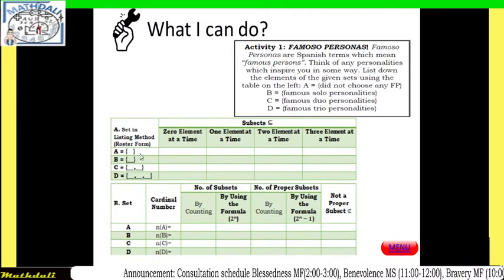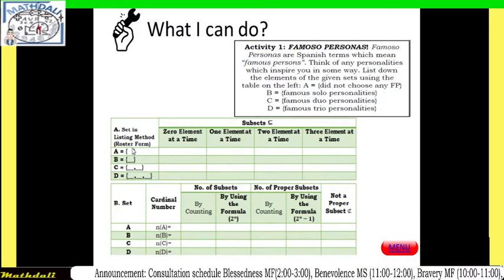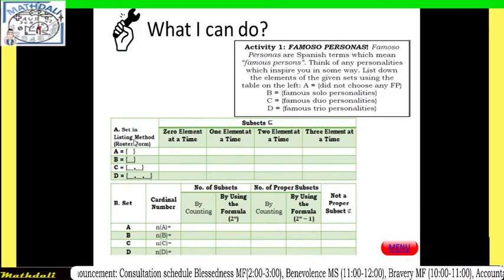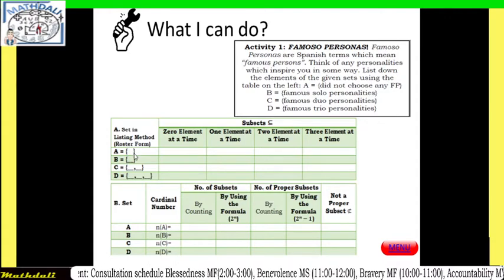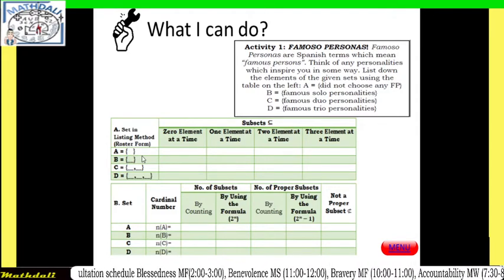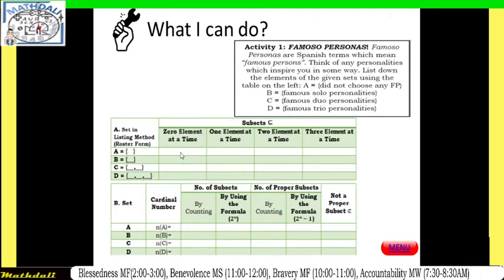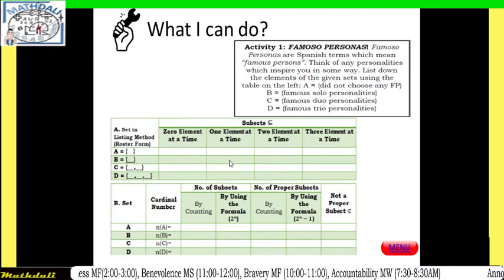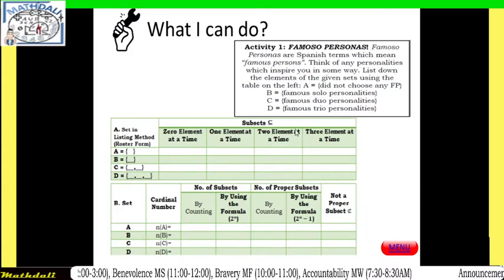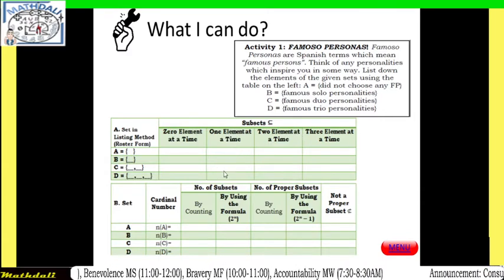Okay, so let's complete this using the roster method. List down the elements. Then with 0 elements, this is the empty set. Then we have 1 element to complete our proper subsets.